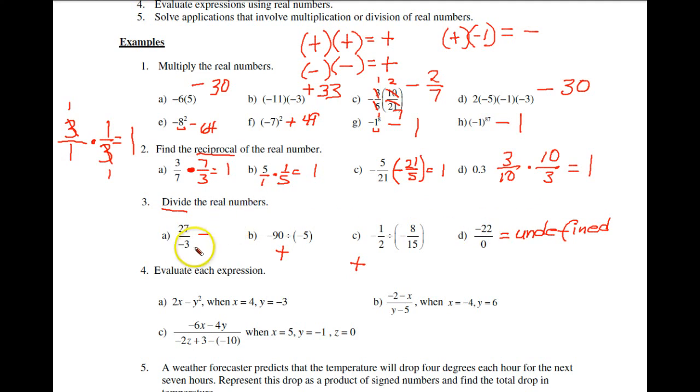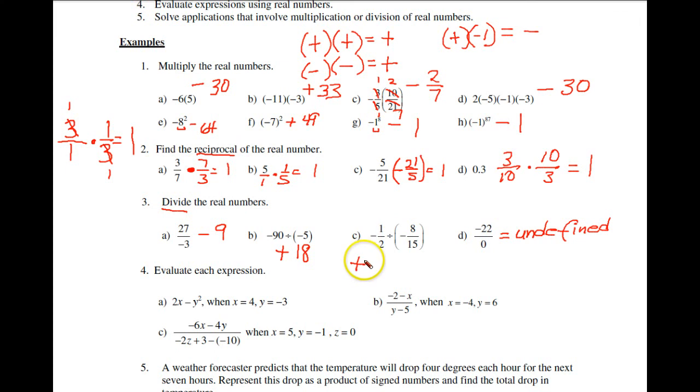Okay, so 3 goes into 27 9 times. 5 goes into 90 18 times. Now, for this one, again, we covered this a little earlier. It's a division of fractions.